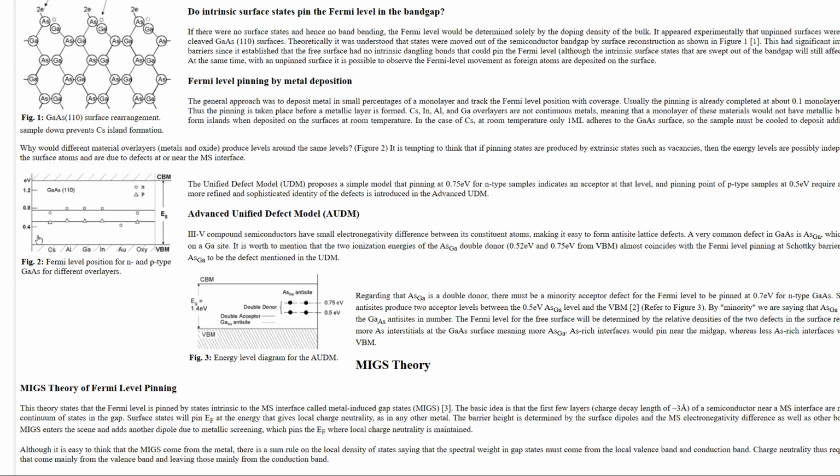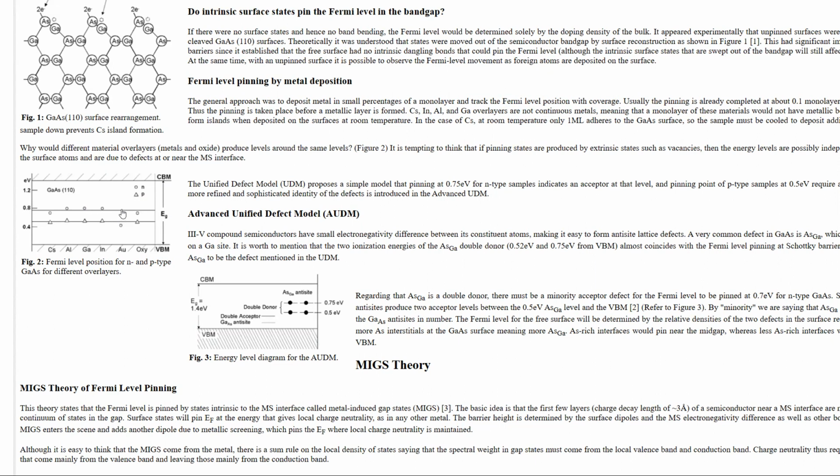See here, it's about 0.5 volt above the valence band, and this here is also close to 0.5 volts, 0.4 volts or more, below the conduction band. There are two peaks there, and there's no way you can remove them.